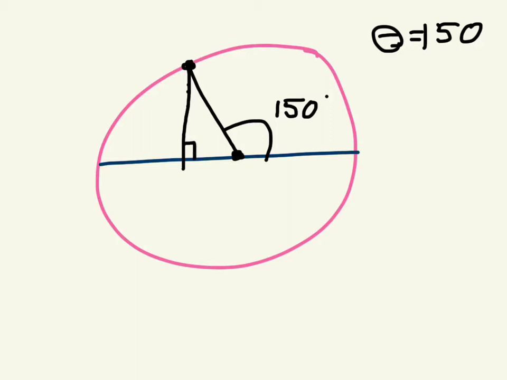There's our right angle. What's this angle in here going to be? Well, this whole thing is 180. So that's 150. So since this is 150, this little angle in here must be 30. So that's terribly drawn.